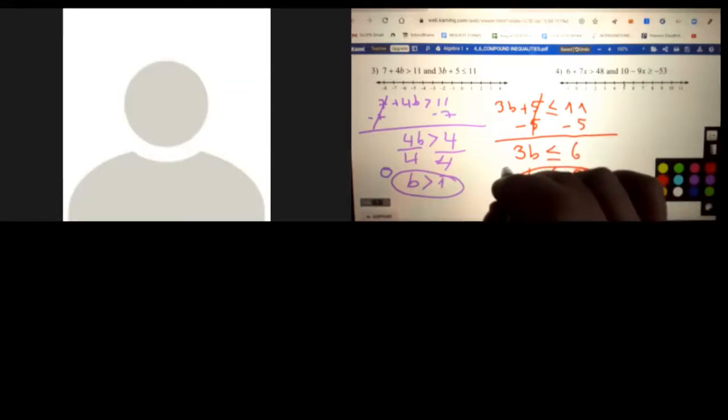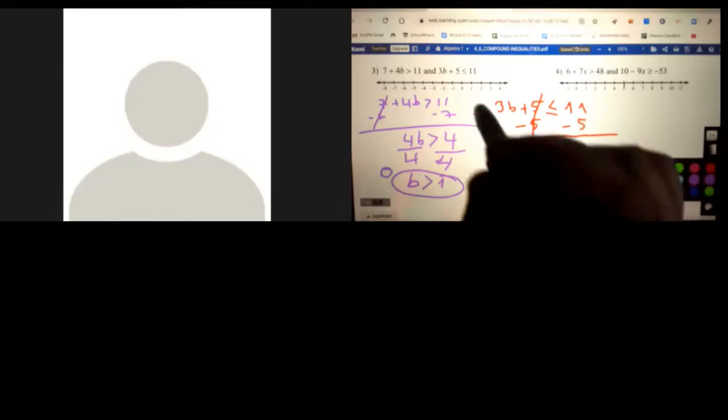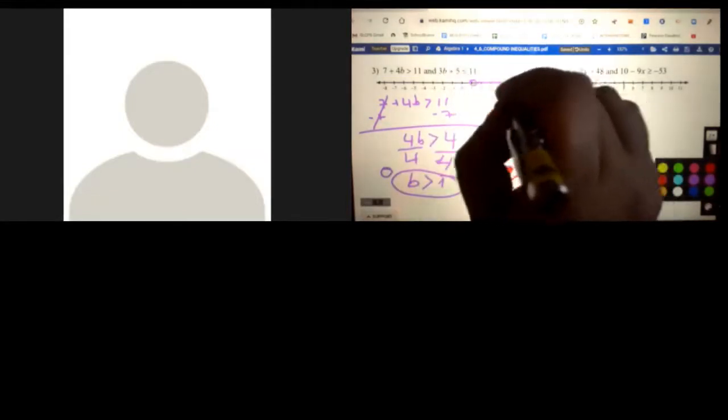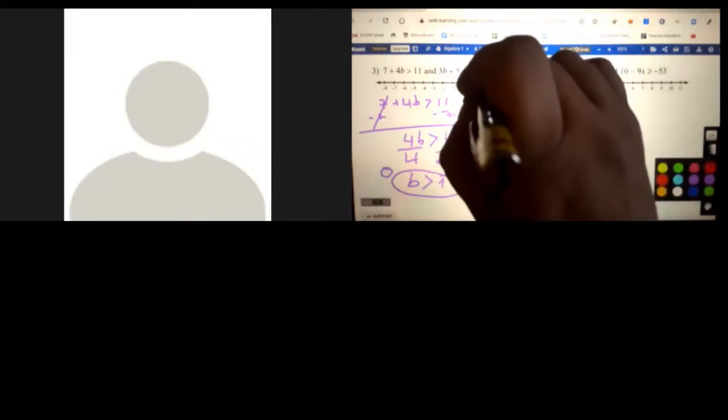Meanwhile, this one is going to be a closed circle because I have an equal sign. So all the numbers greater than 1, open circle. And then all the numbers that are equal to or less than 2.